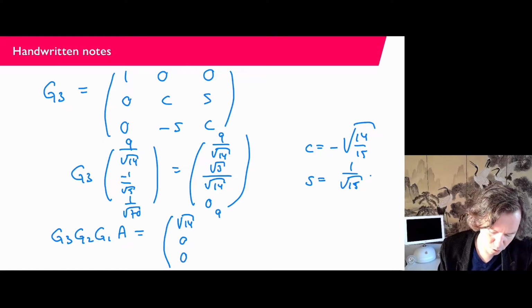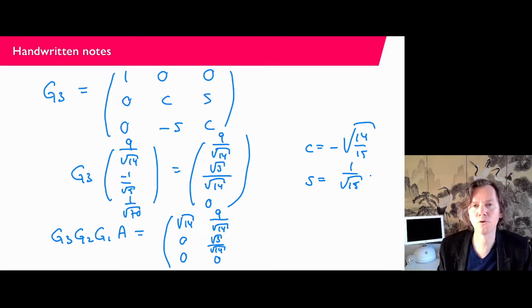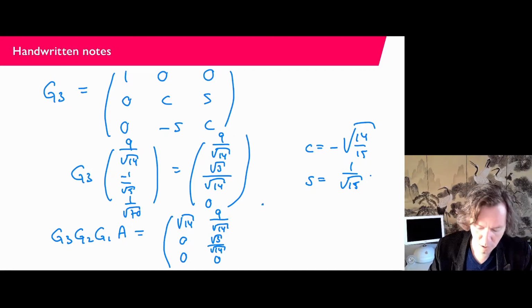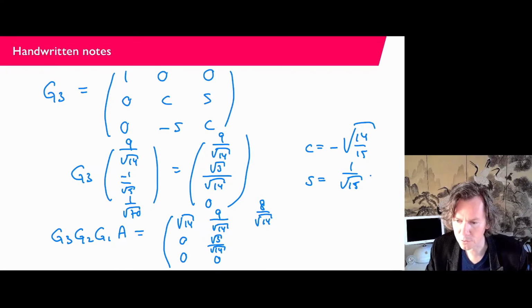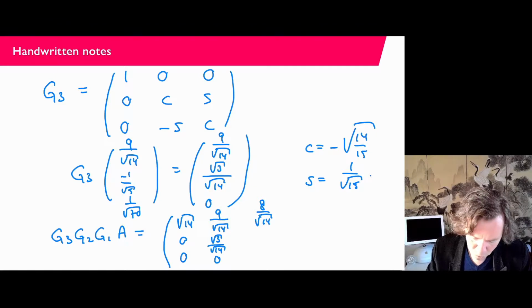The second column we can also easily write down. And if you would compute what you get in the last column, this is going to be pretty ugly. You get 8 over the square root of 14. This entry, if you would compute it, you would get, let me see, I wrote it down here, minus square root of 2 over square root of 21.